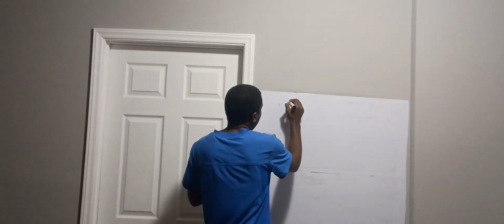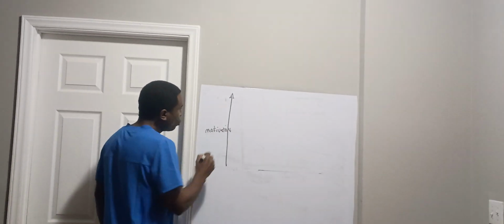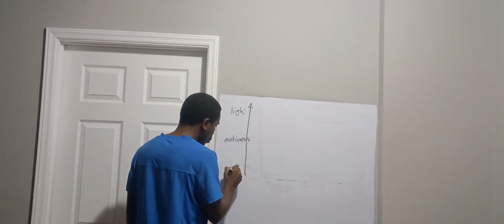Now, on the vertical axis is motivation. It's a continuum. And it ranges from high, meaning you have a high motivation to do the behavior, to low motivation to do the behavior.